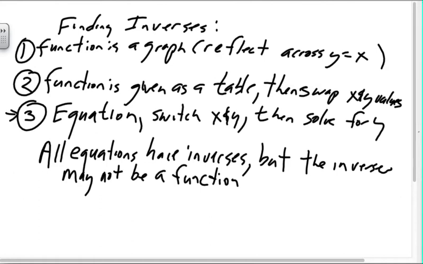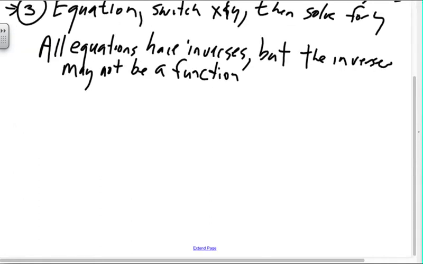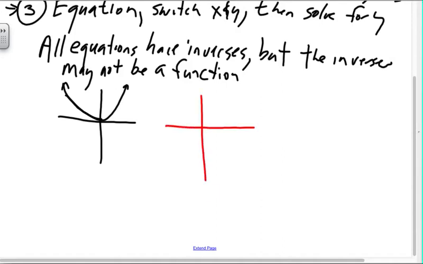And there really is a rather simple example of this. Let's take a look at the parent function of a parabola. All right? Its inverse looks like this. It's a square root function. Okay, this thing is a function. It passes the vertical line test.